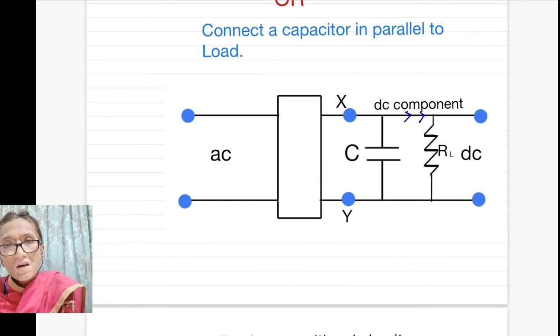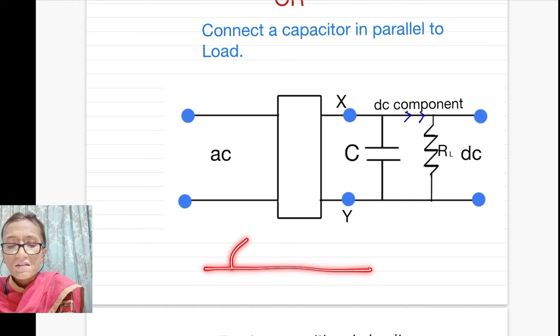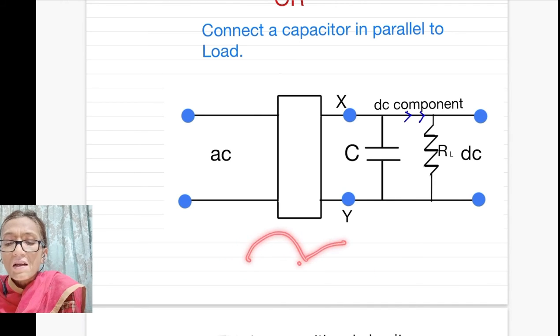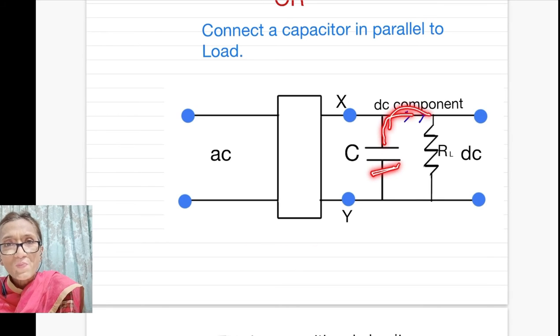In the first half time period, the first half part of one time period, the capacitor will be charged. And in the second half time period, when current starts reducing, then the capacitor will be discharged, giving current to the load, so that current may not reduce.